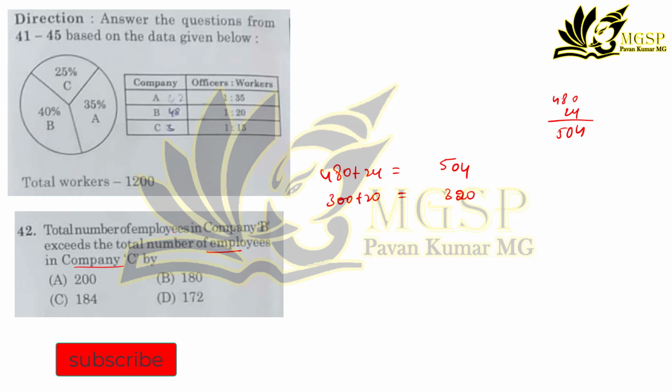They are asking by how much B exceeds C, so we do B minus C. Then you will get 184. So the correct option is C.